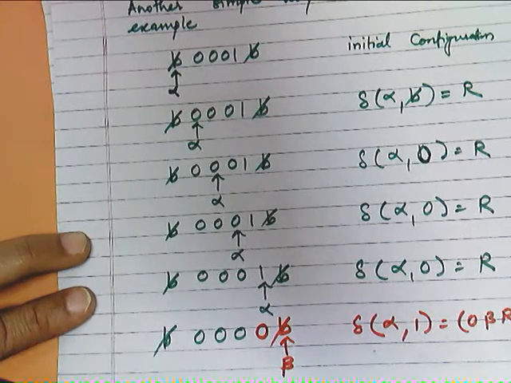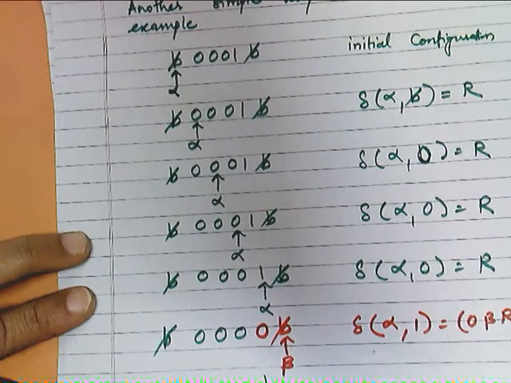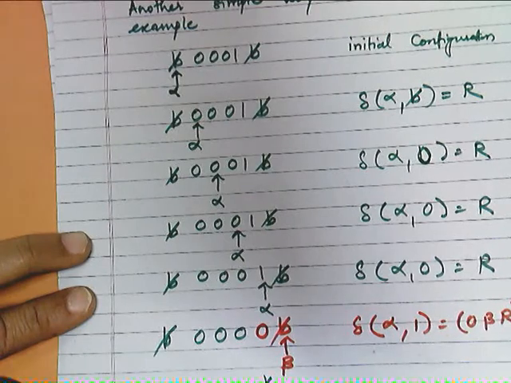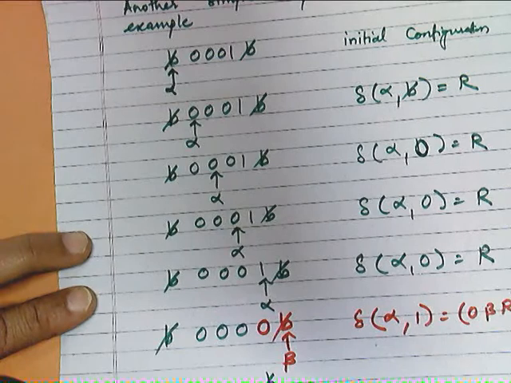Next blank 0 0 0 0, and now what is happening? We are having blank, so now here it will become state gamma. Why will it become state gamma and no movement?